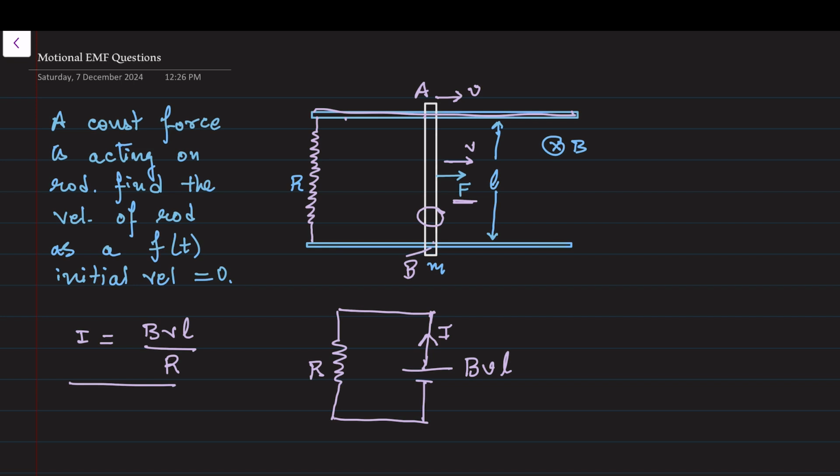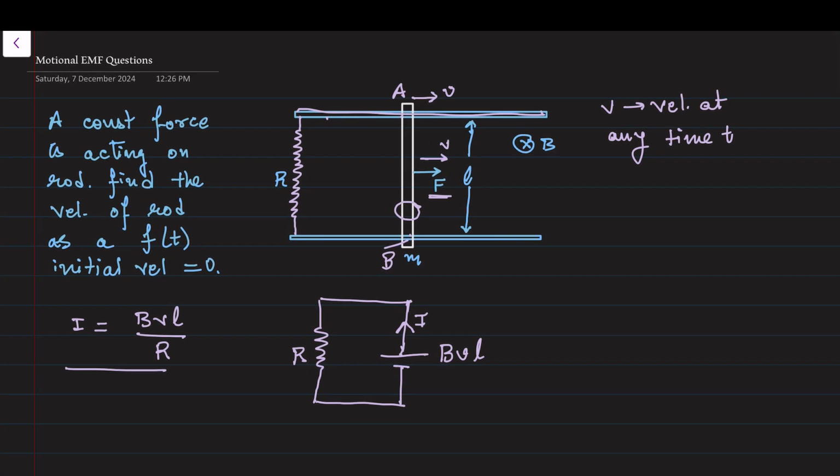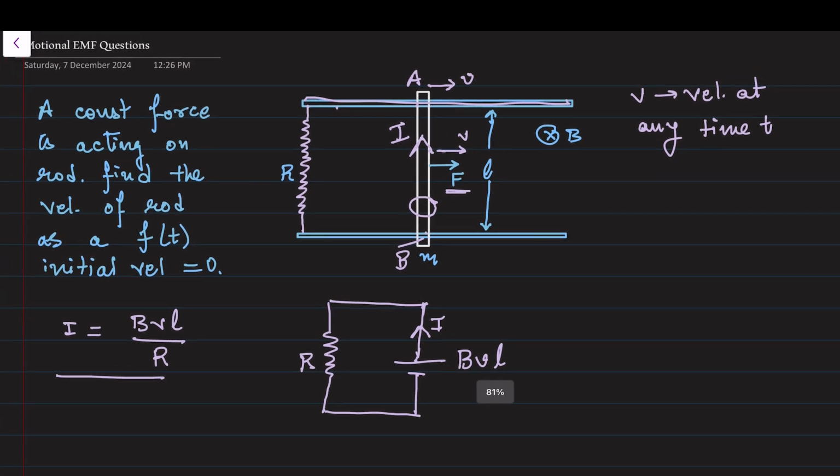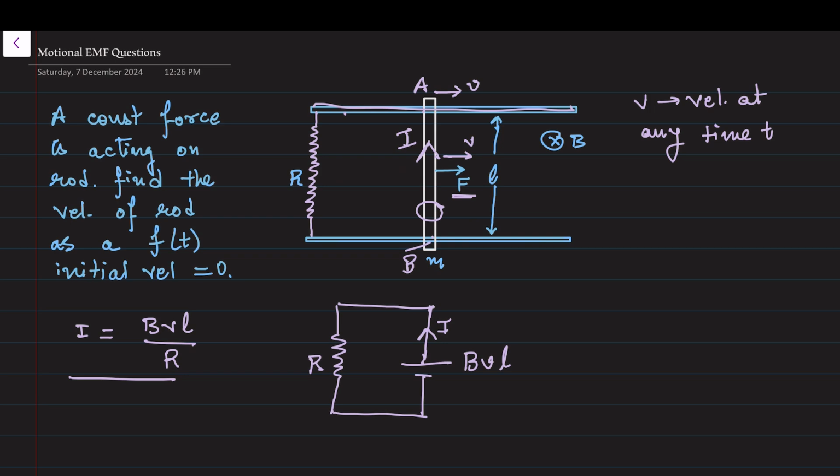Now this current is varying with time, because we are taking velocity at any time t. Because of this current, this rod AB will experience a magnetic force. We have seen a current carrying conductor experiences a magnetic force.